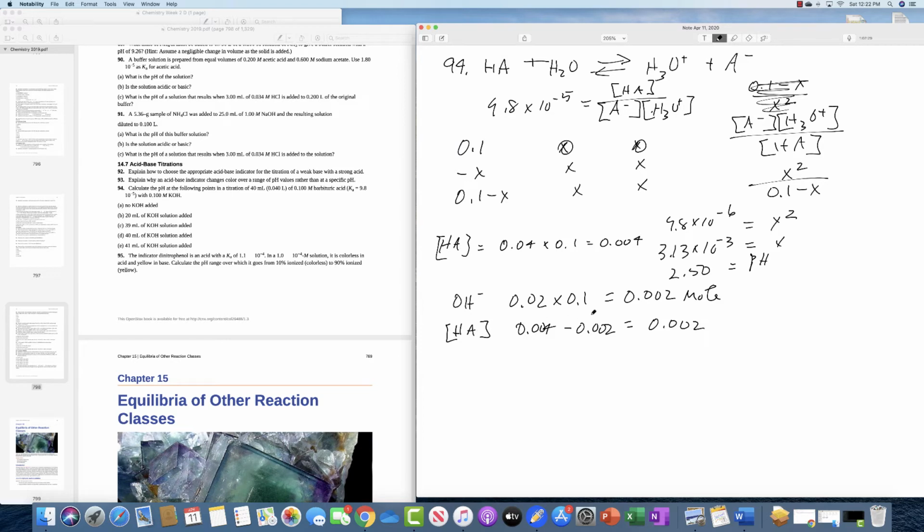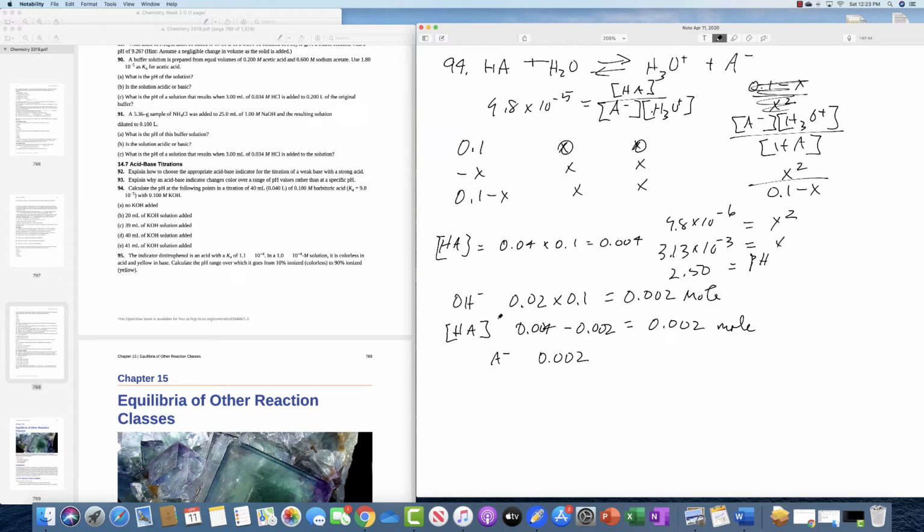And what's left after you've added the hydroxide is you subtract from that, and so that gives you this. At the same time, remember we're taking this away, so it's shifting this way, so you're adding 0.002 of A minus.